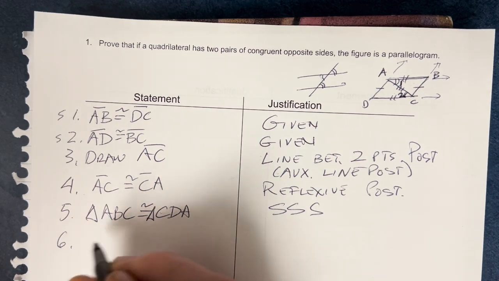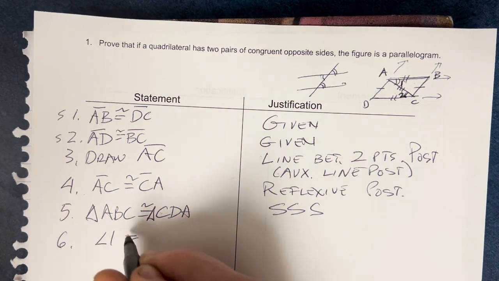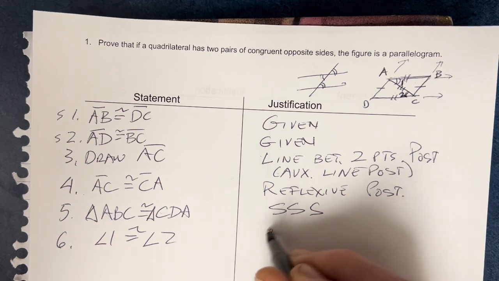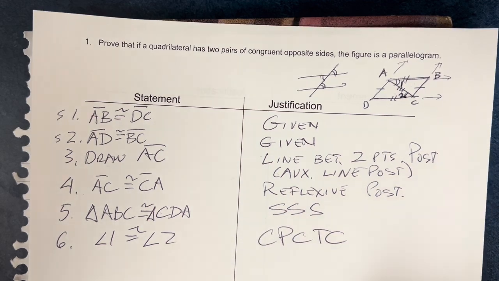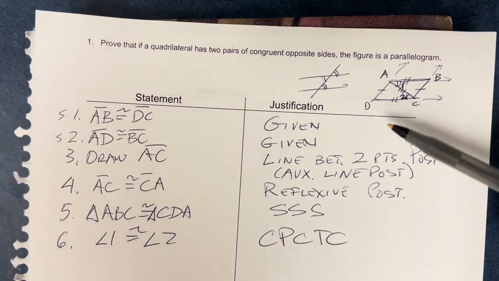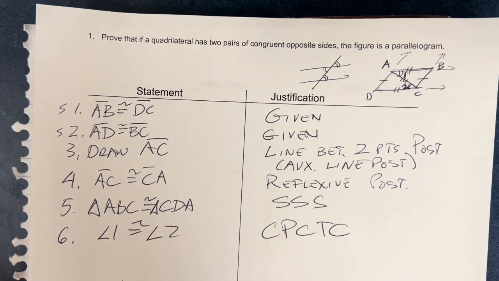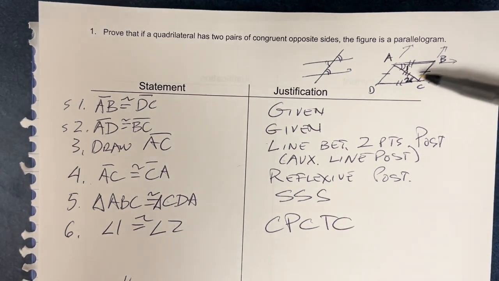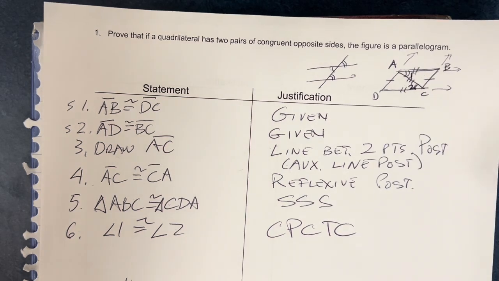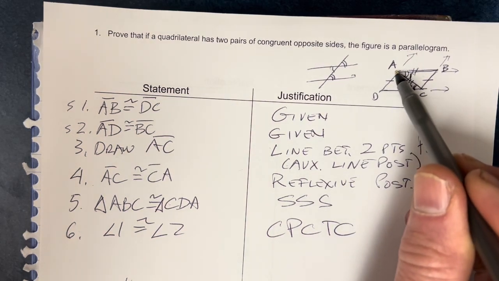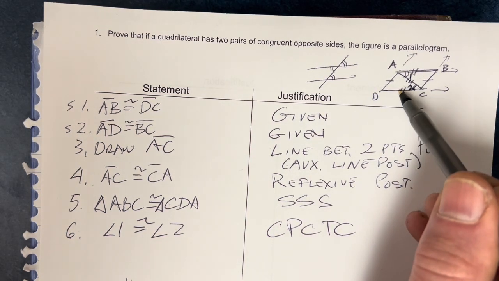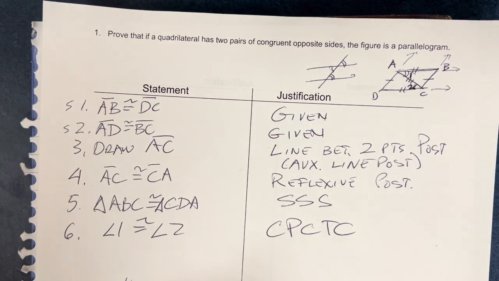So I'll say step 6 is angle 1 is congruent to angle 2, and that's CPCTC. That's the step that once I've proven triangles are congruent, their parts are. And then if I've got these angles congruent, then that's the alternate interior angles for AB and DC. So that's this side down here.